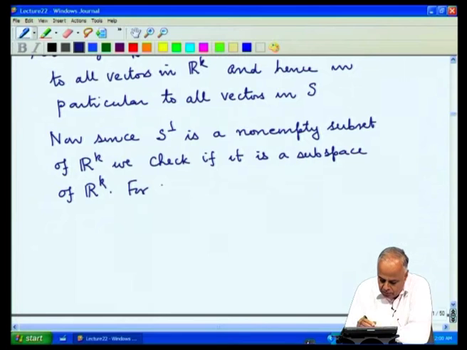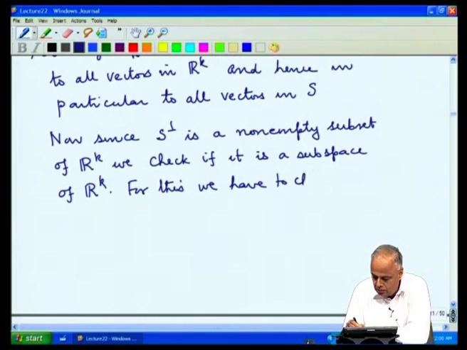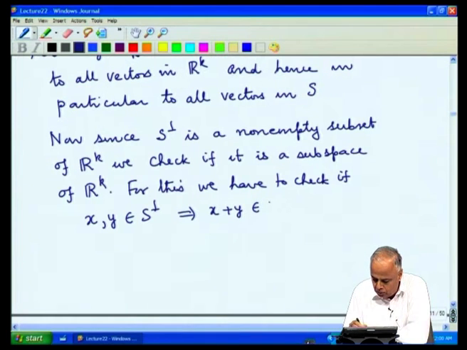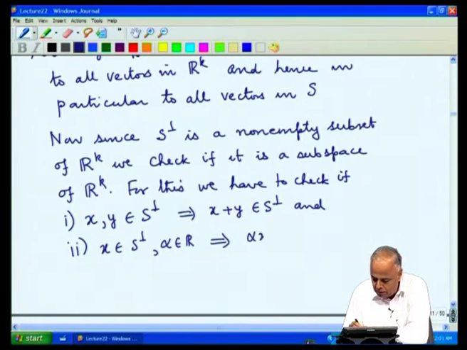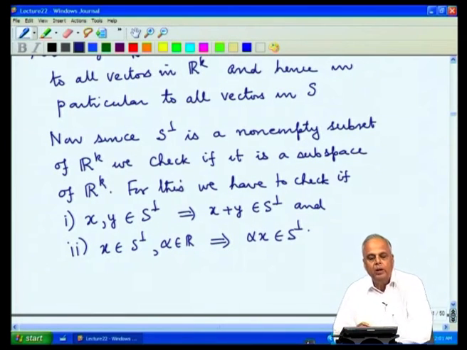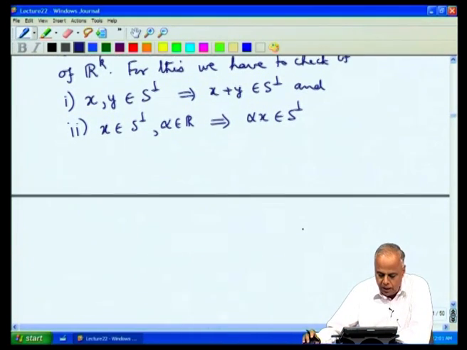So we have to check, one, if x and y belong to S perp, does it imply x plus y belongs to S perp, which is closure with respect to addition. Two, if x belongs to S perp and alpha is any real number, does this imply alpha x belongs to S perp. So we have to check whether S perp is closed with respect to addition and with respect to scalar multiplication.